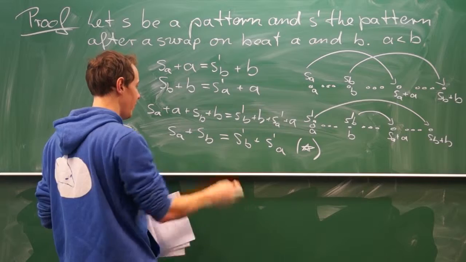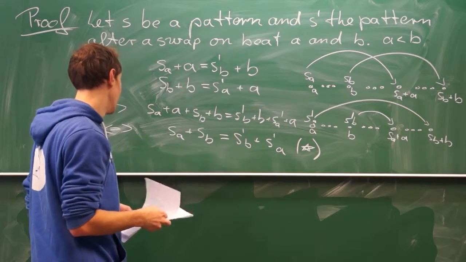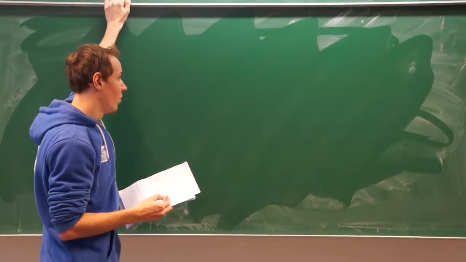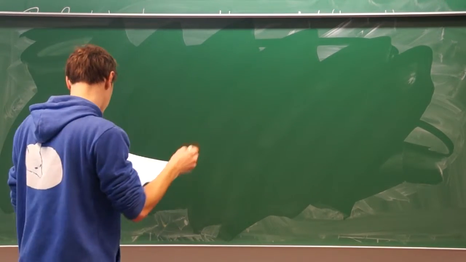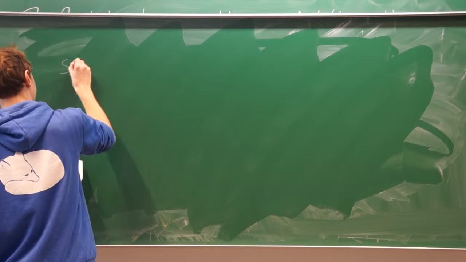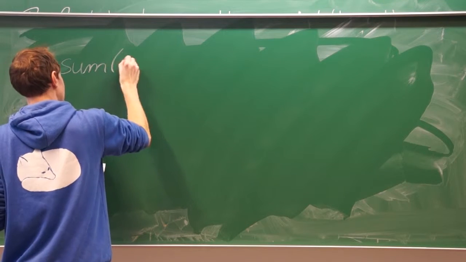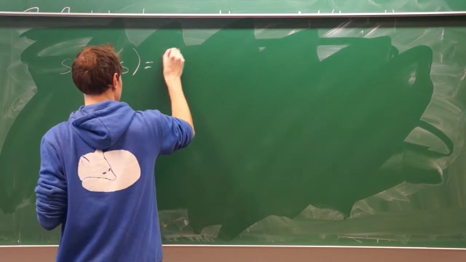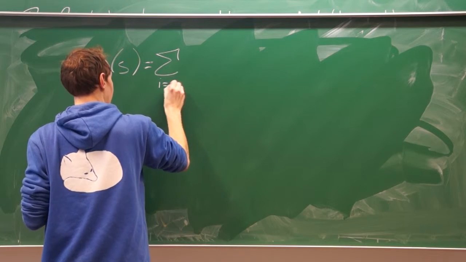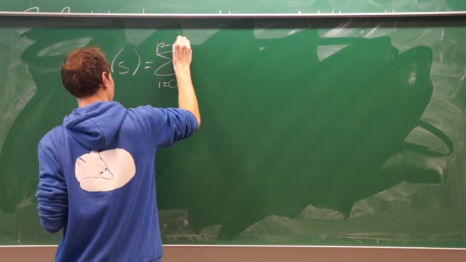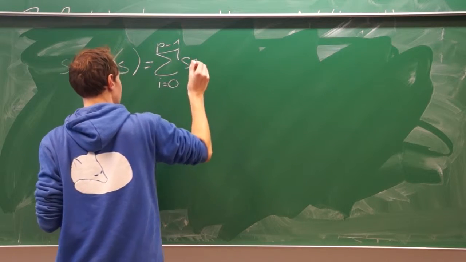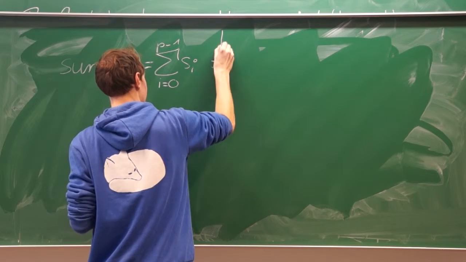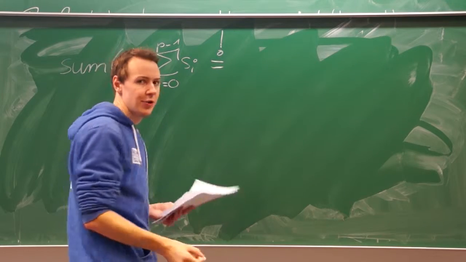If we do a swap, this is true. And now write down the sum of S. It's this here. And I want it to be the same. This is what I wanted. I don't know yet if it's true.